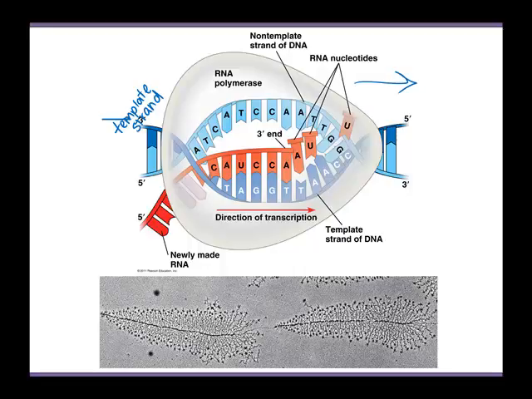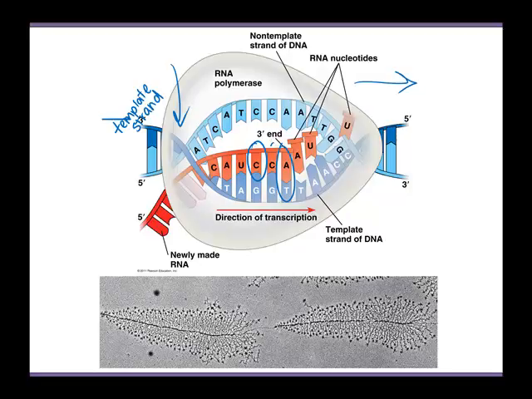He will unwind 10 to 15 nucleotides at a time, expose them so he can match up complementary RNA nucleotides, C to G, right, T to A, etc. And he'll rewind the DNA behind him. So he does the job of helicase and DNA polymerase all by himself, if we were talking about DNA replication.